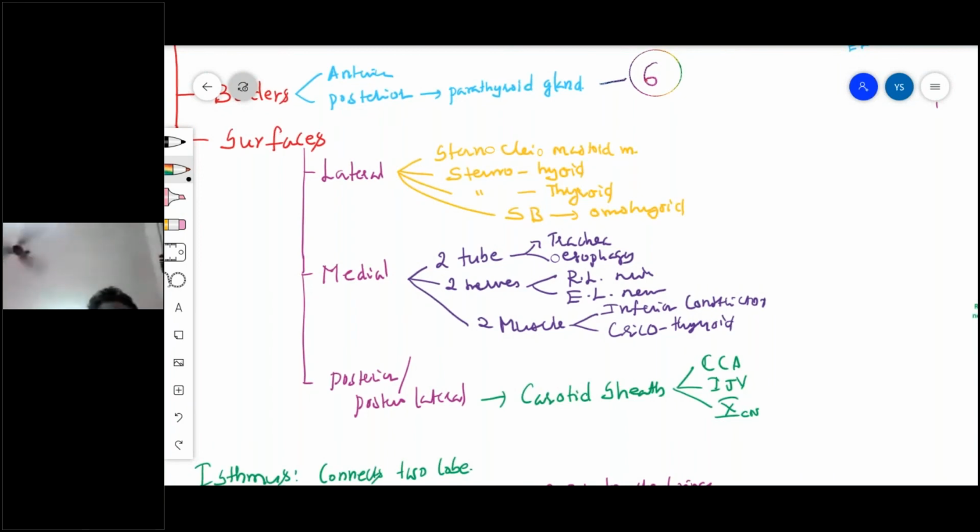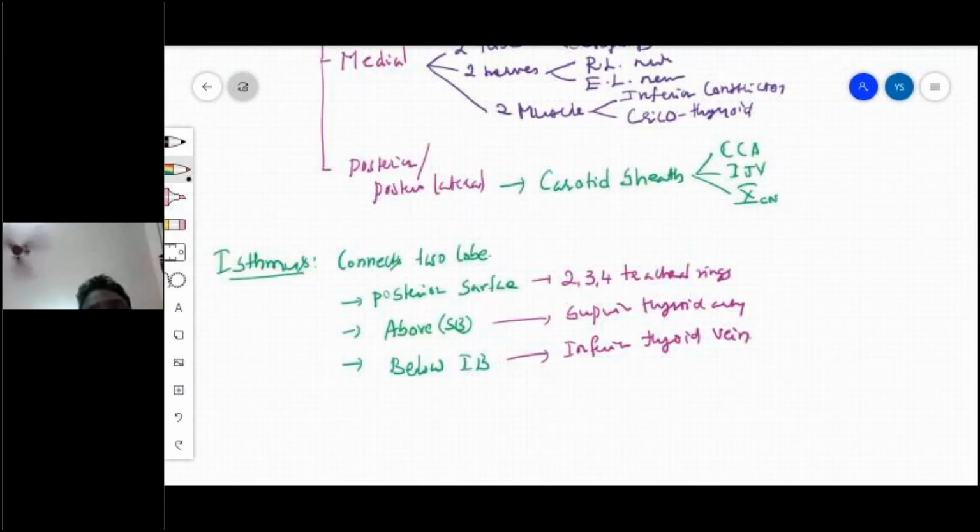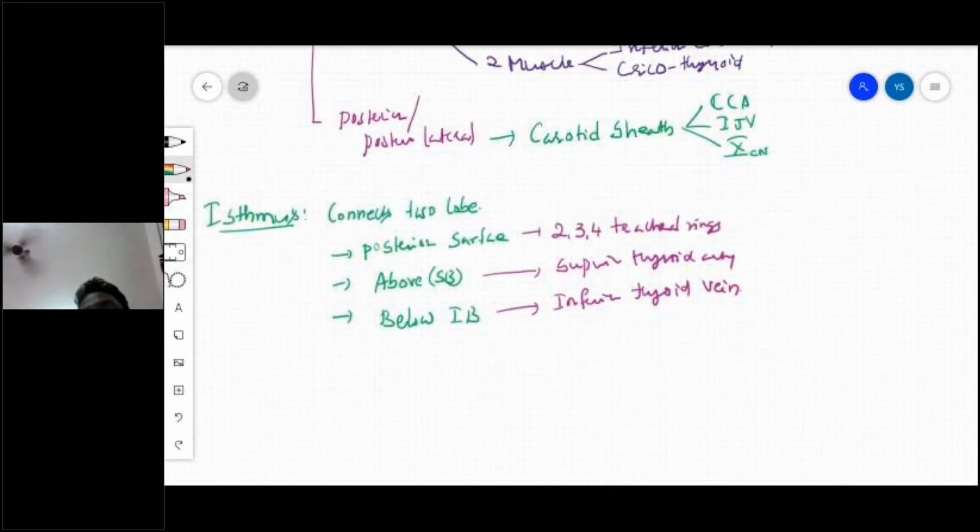And next we come to the isthmus. Usually, the posterior surface of the isthmus is present in front of the second, third, and fourth tracheal rings. And this is the ideal site for doing the tracheostomy. We discussed the midline structures of the neck. So this is the site for doing the tracheostomy. This is number 7.